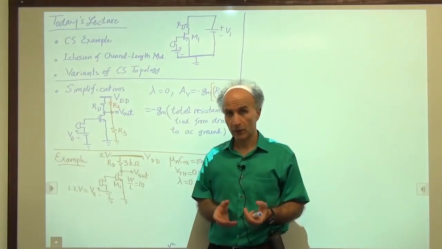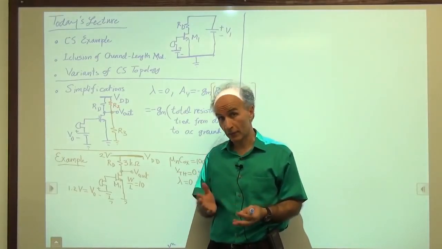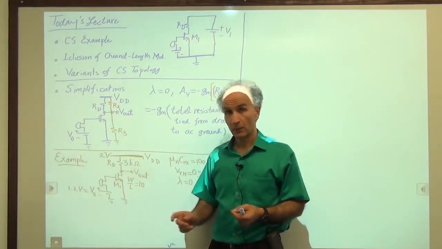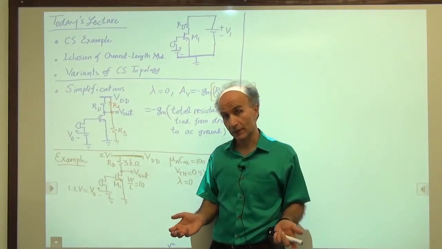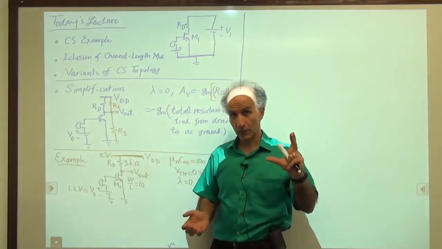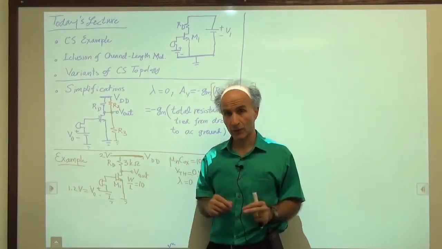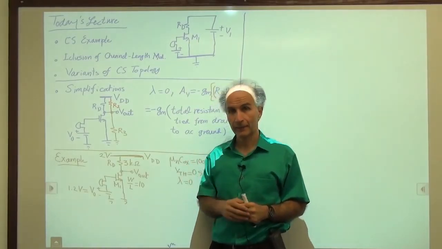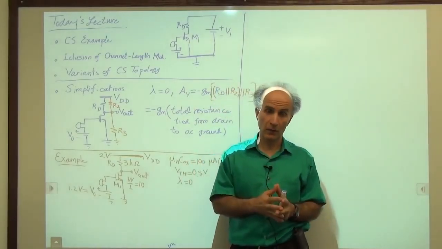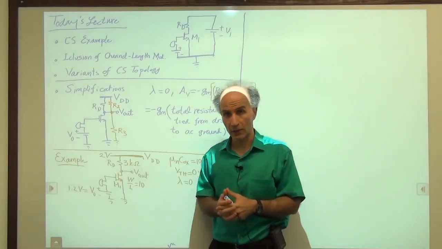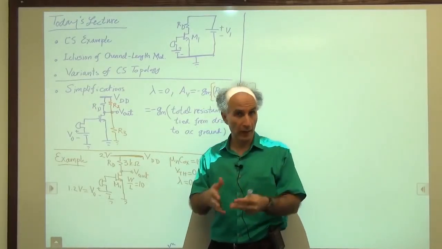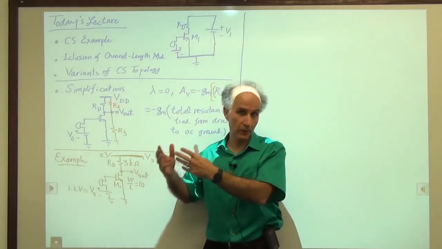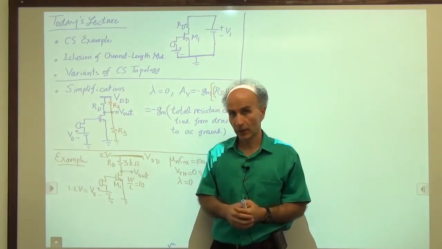Okay, what else do we need to know? Well, we need to know the drain source voltage, because we have to make sure it's in saturation. With this between gate source and drain source, we know whether it's in saturation or not. So we have to calculate that. And once we know it's in saturation, we go ahead and use the correct equation, 1/2 mu n Cox W over L times (VGS minus VTH) squared.